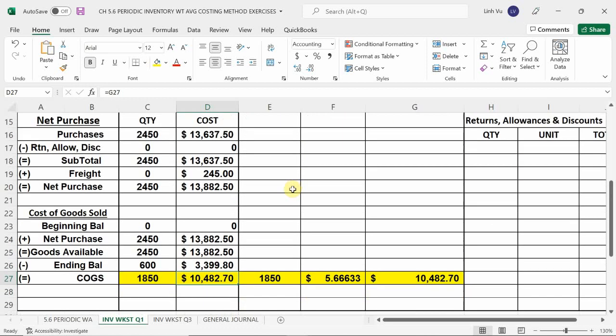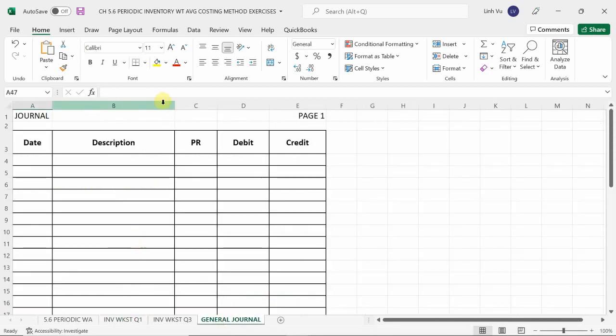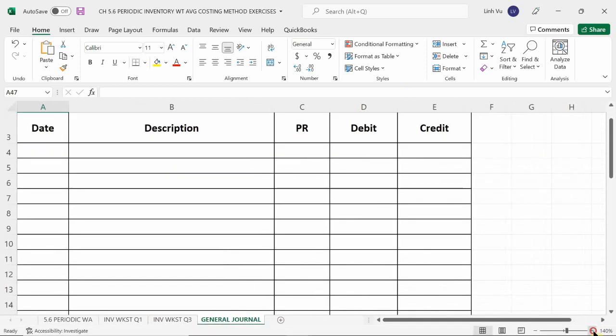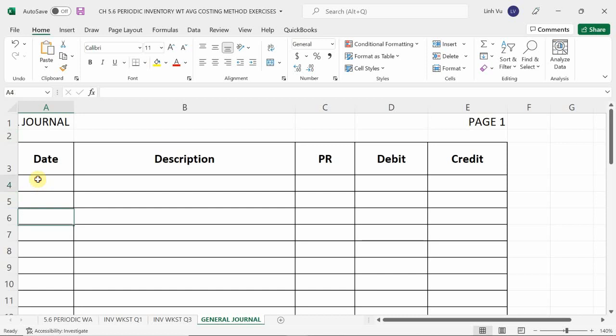All right, any questions here? No. Okay, so let's go ahead and plug our values into our general journal here. So the conversion entry. Since it's April 30th, how should my conversion entry go?